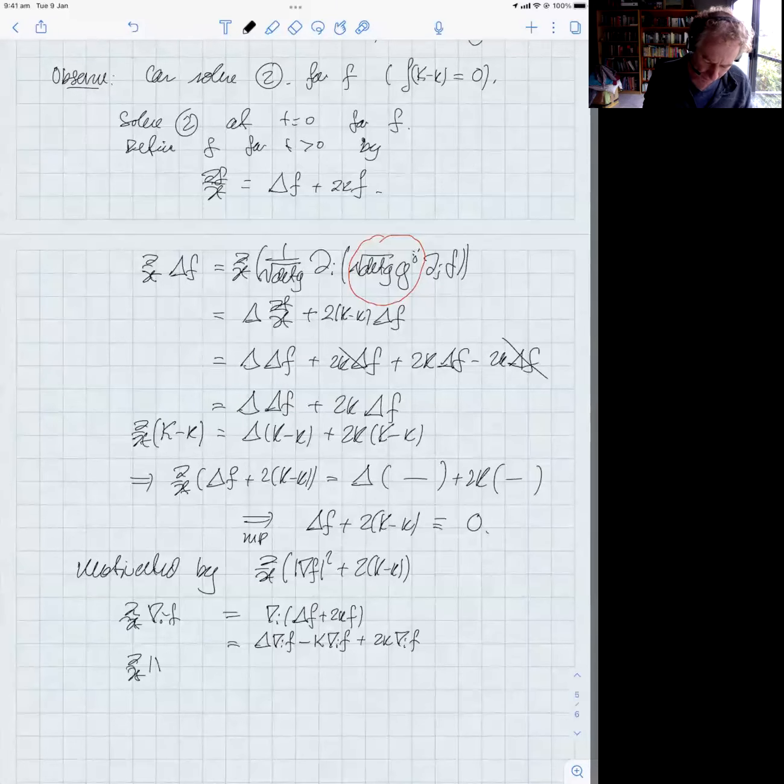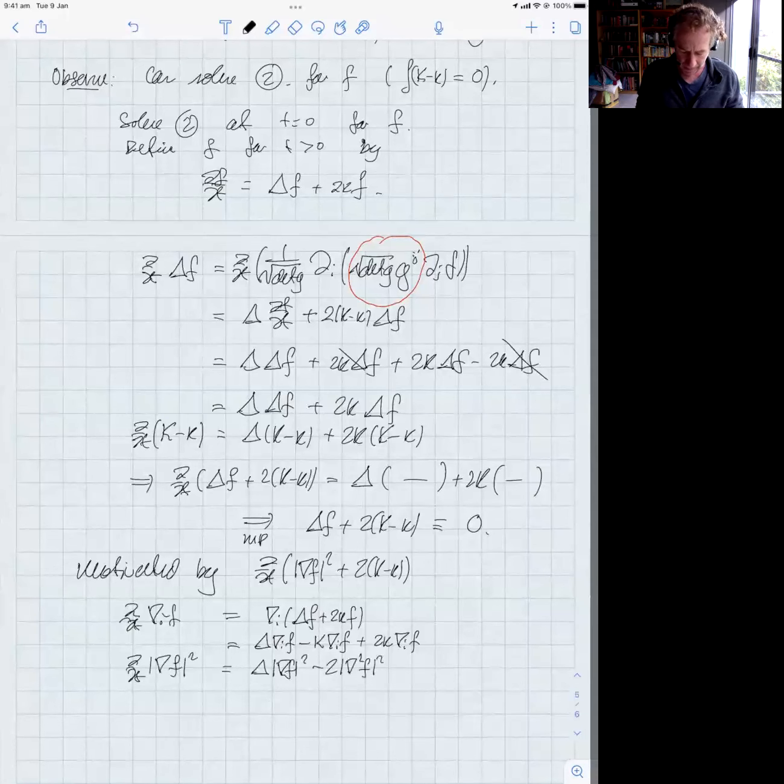So now if I compute d/dt of gradient f squared, this will give me Laplacian of gradient f squared minus twice Hessian squared from the first term. I'll get a minus 2k gradient f squared from the second term, plus 4 kappa gradient f squared.